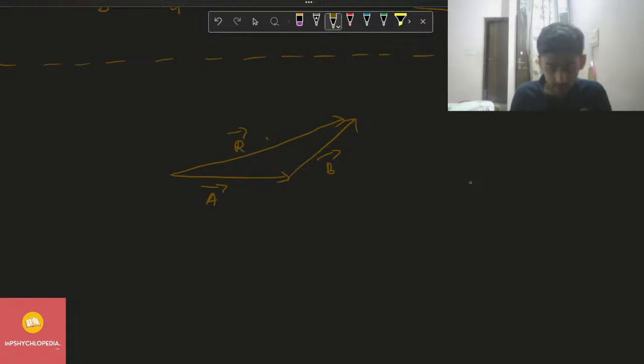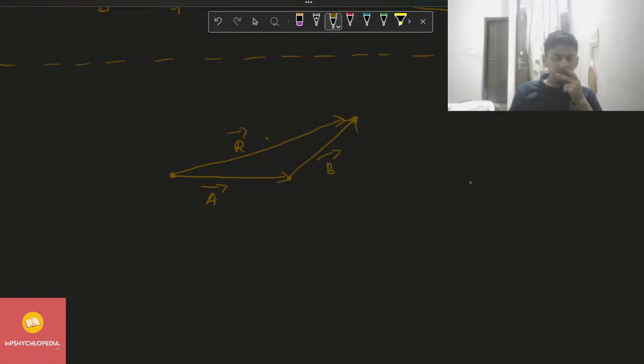This is the R vector. So what just happened is A vector, B vector, R vector. Let's say a body started from this point to this point and then traveled till here, so the net displacement will be from here to here.